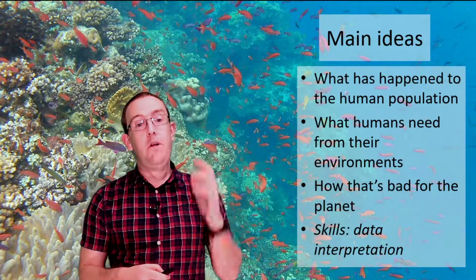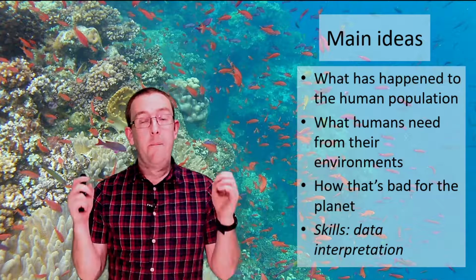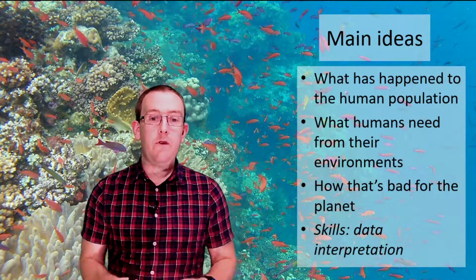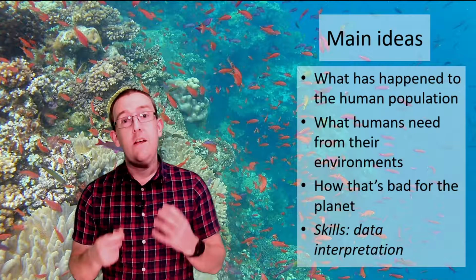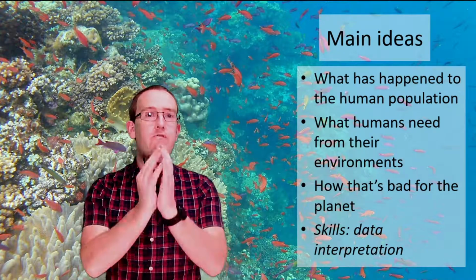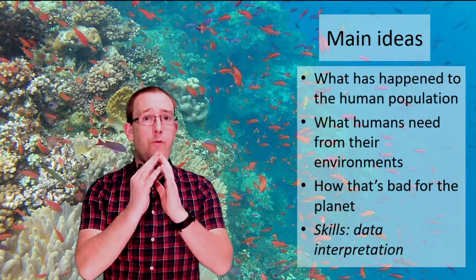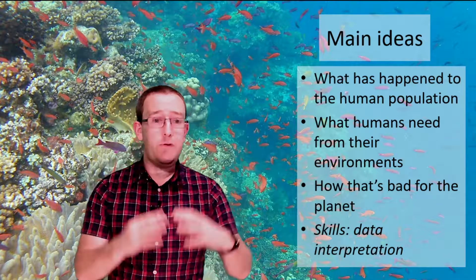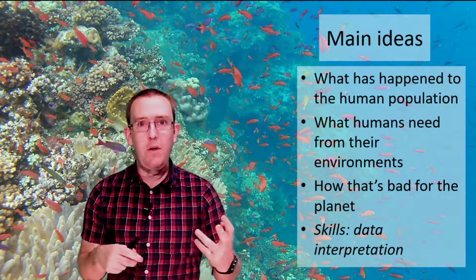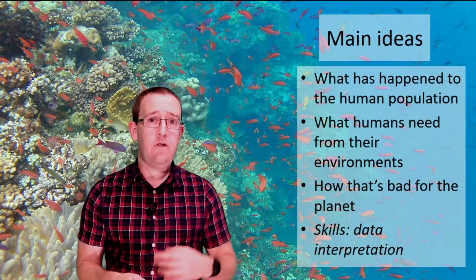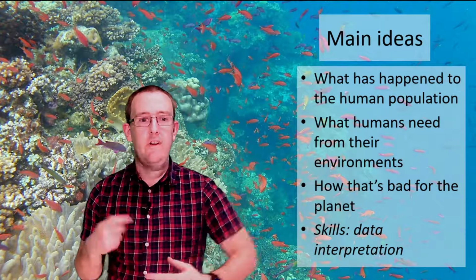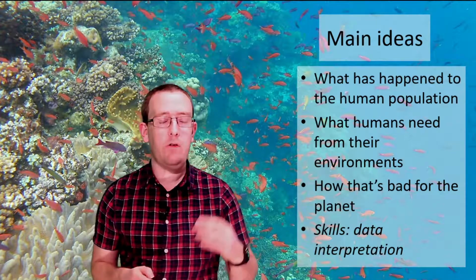Now, if you're thinking purely from an examination point of view, the main thing you could be given is data interpretation. This chapter is absolutely ripe for examiners to give you graphs and tables of everything from climate change to population change to various pollutions and landfill use and food things and all that kind of stuff.